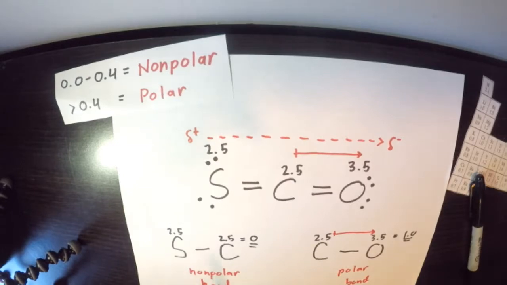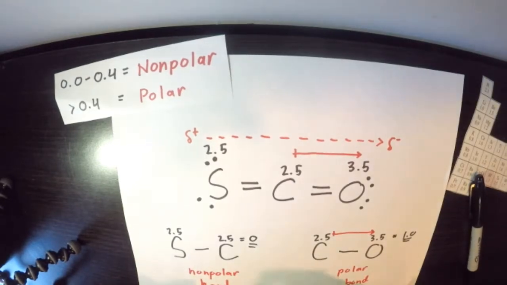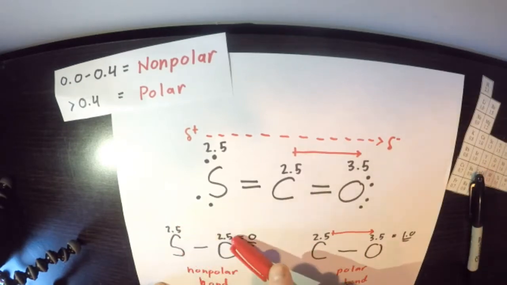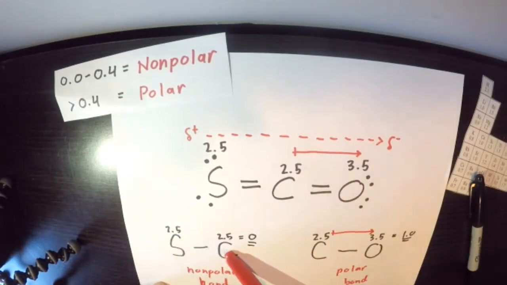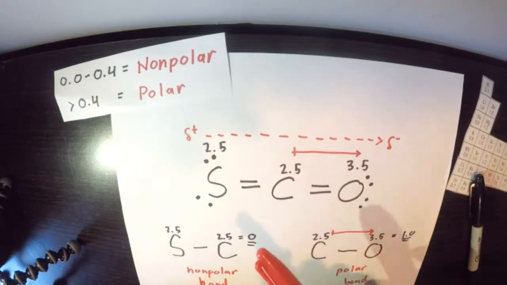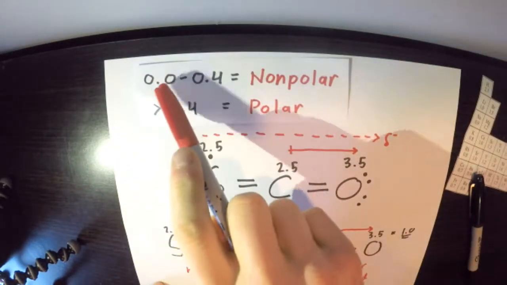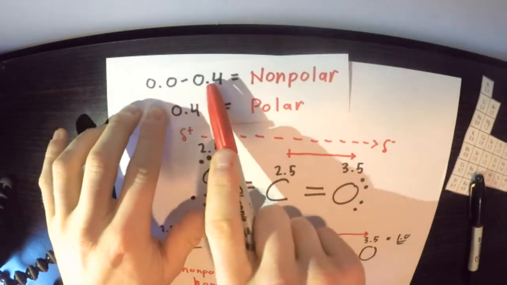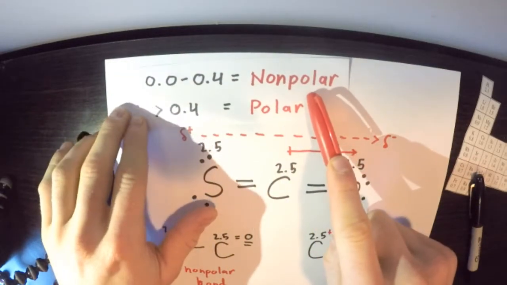Okay? So hopefully I've shown you a few examples that will help you understand the topic of polarity. The main thing that I want you to remember is to find your electronegativities between your atoms in the compound. If that difference falls between 0 and 0.4, that's going to make it nonpolar.